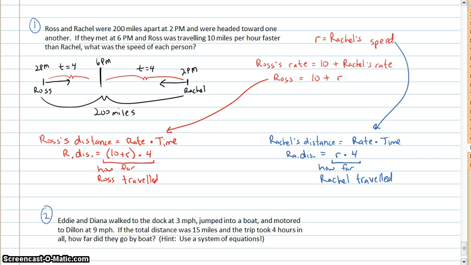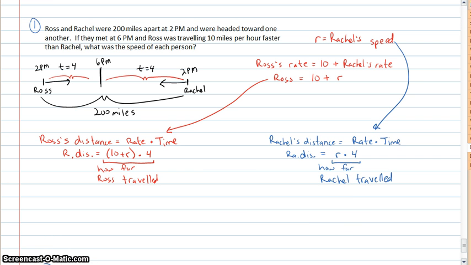Now, after these two have traveled, we know that they meet. When he goes towards her, they meet somewhere. Which means that Ross's distance is 10 plus R multiplied by 4, and Rachel's distance is 4R. I'm just going to rewrite that.